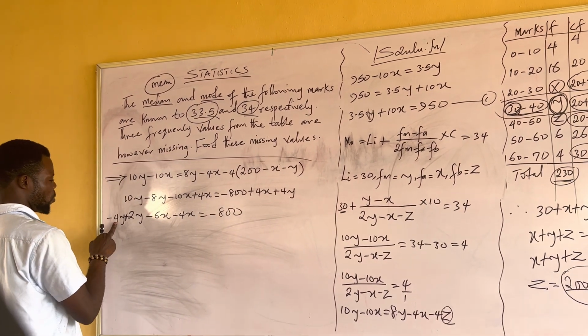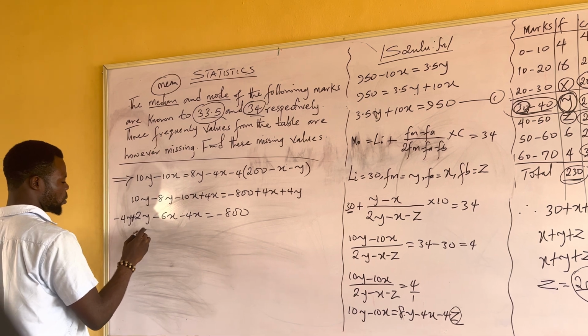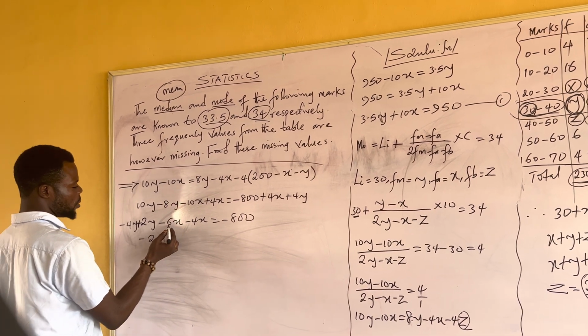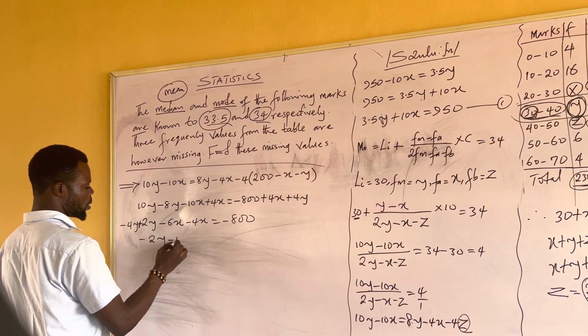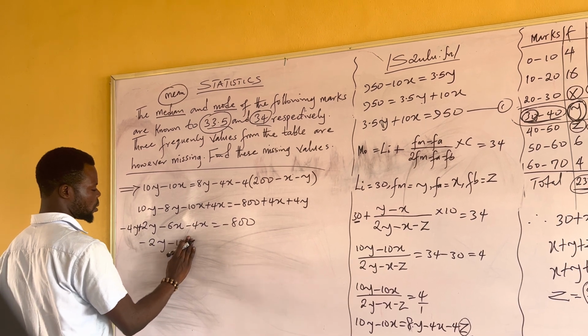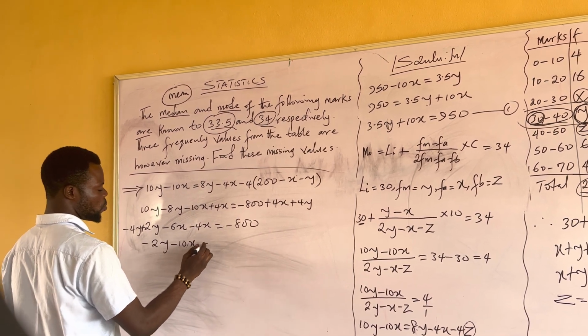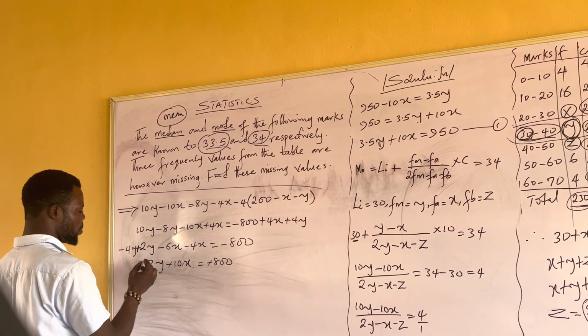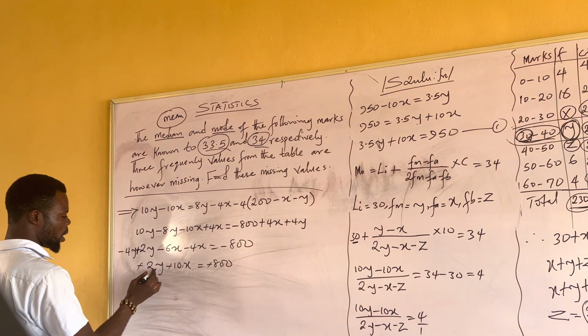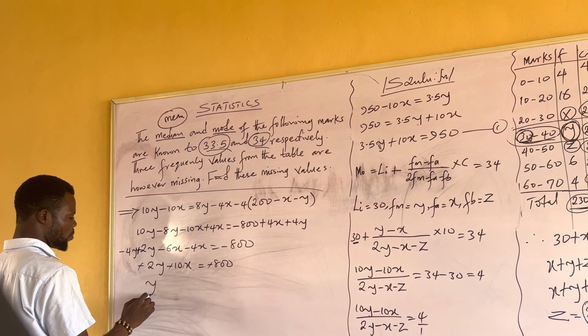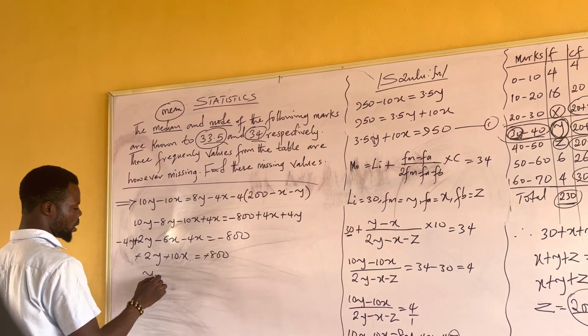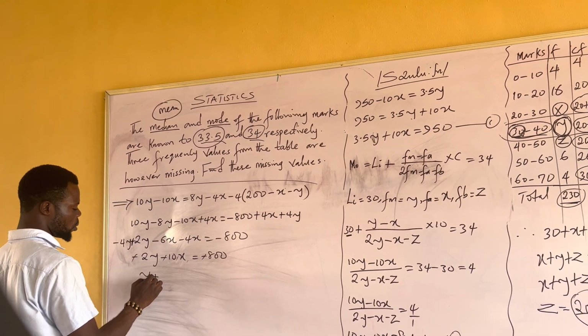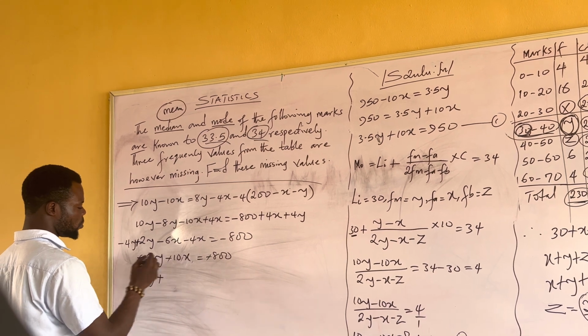So minus 4 plus 2 will give you minus 2y. And minus 6 minus 4 will give you minus 10x equal to minus 800. So you can multiply everything by minus and divide by 2. When you divide this by 2, this one gives you 5, and the minus changes to plus because we've cancelled the minus.